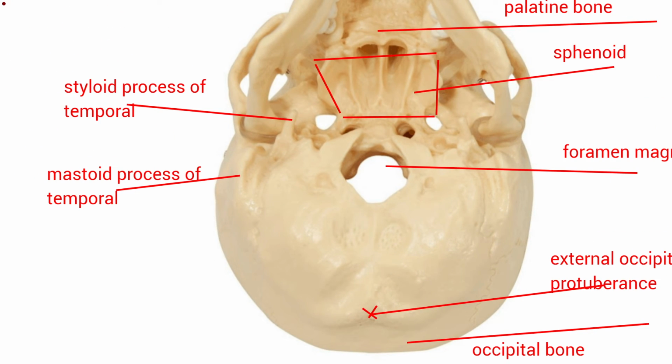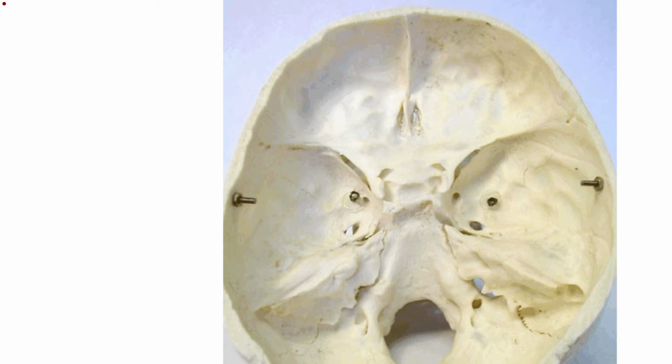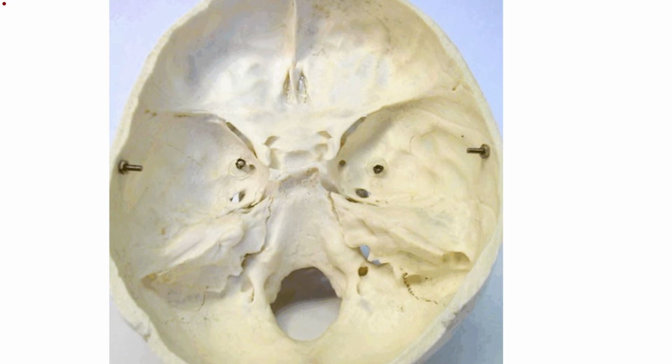Okay, there are a number of holes here, and I'm going to show you a different picture with some of those things color coded. Let's see what's next. So this is from the inside with the skull cap removed. This is still part of the ethmoid bone.